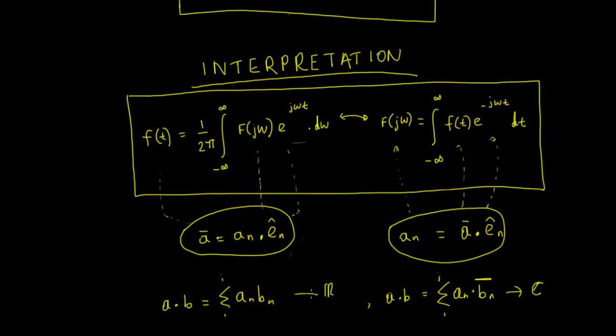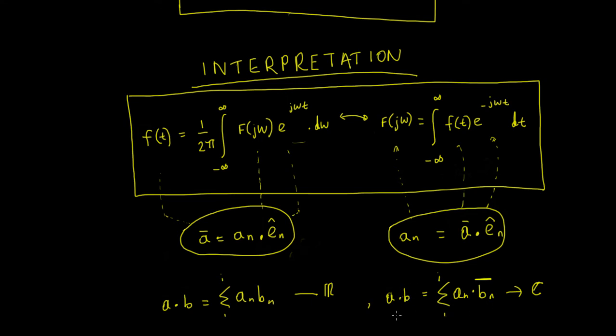Now that's assuming that both of these are real, but if they are complex, so they've got a real and imaginary part, then the dot product is going to be defined as an times the conjugate of bn.